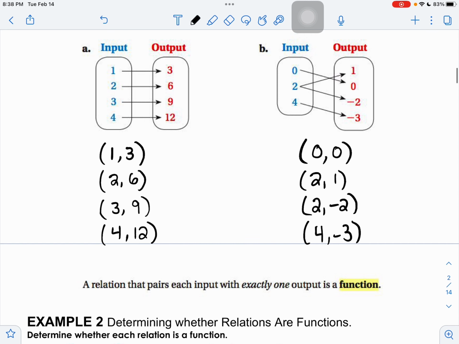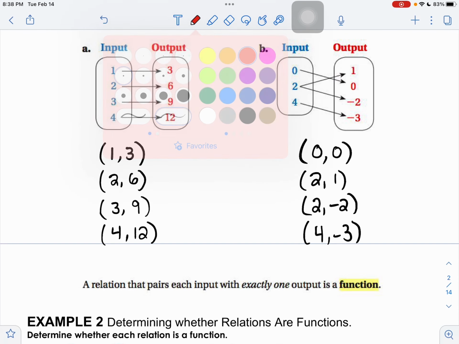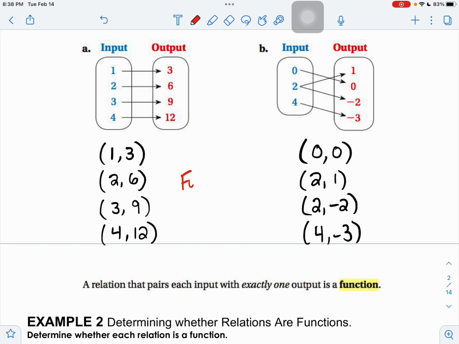In example A, each input matches to one output, so example A would be a function. In example B, you can see that the 2 is paired with both 1 and -2, so this input has 2 different outputs. That means B is not a function.